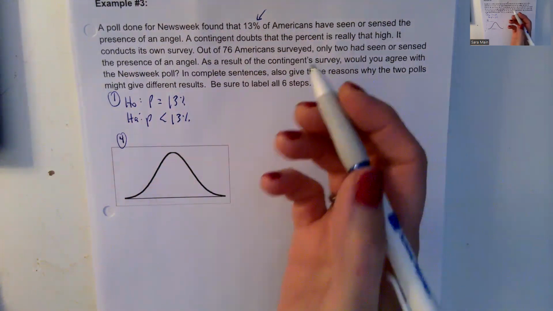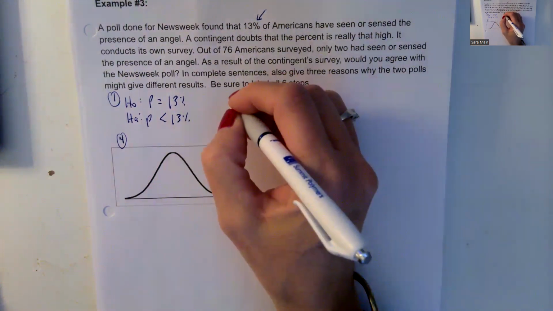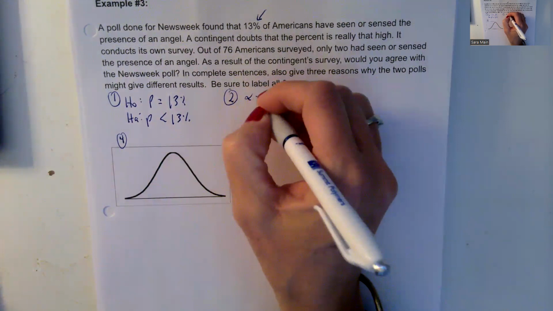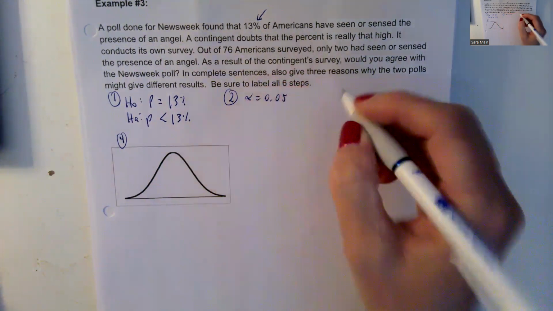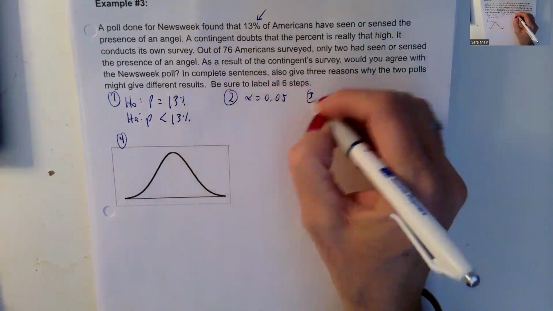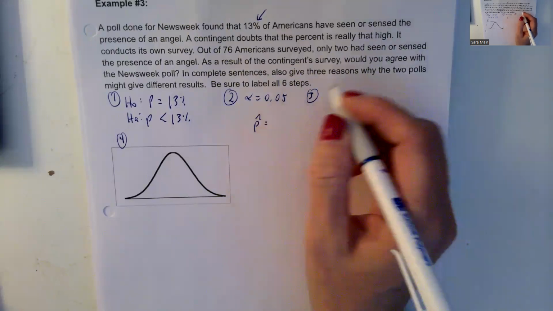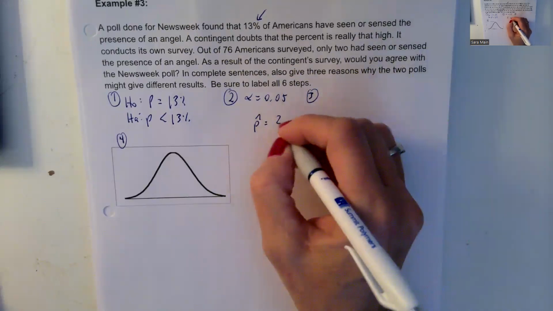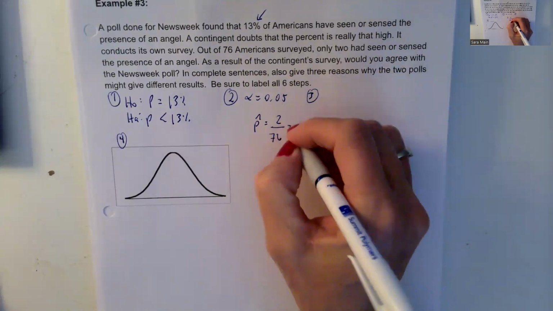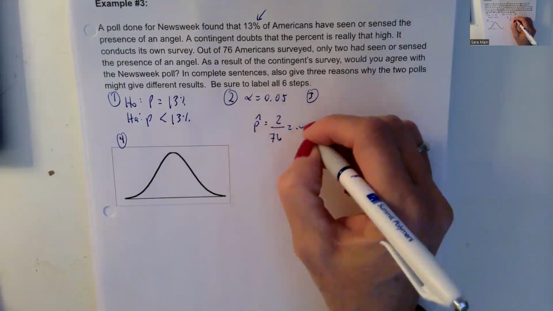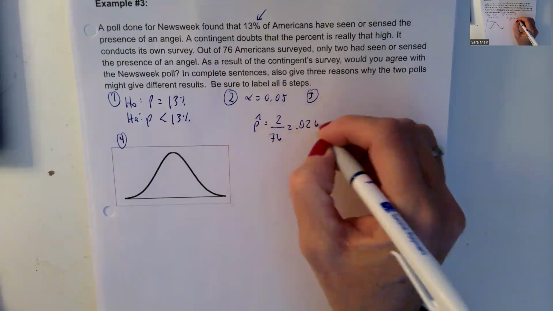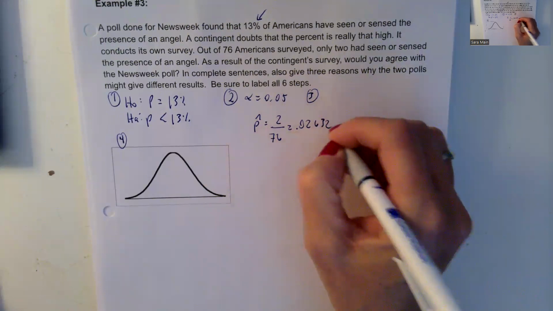They didn't tell us what to test for our level of significance, so we always use 0.05 if that's the case. The p hat is going to be 2 out of 76, which comes out to be 0.02632.